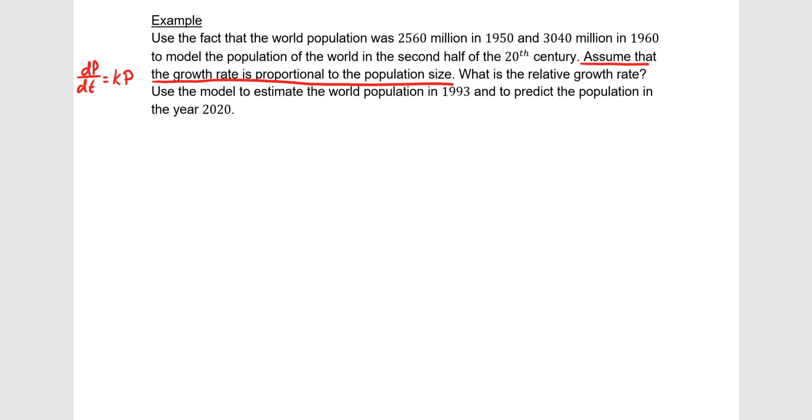And I'm going to write that down right here. As soon as we see that it is a differential equation in this form, we know that it has solutions in the form P of t equals P naught e to the kt. Okay, so pretty much every question like this with this setup is going to look just like that, maybe with a different variable other than P, but it's essentially the same thing.